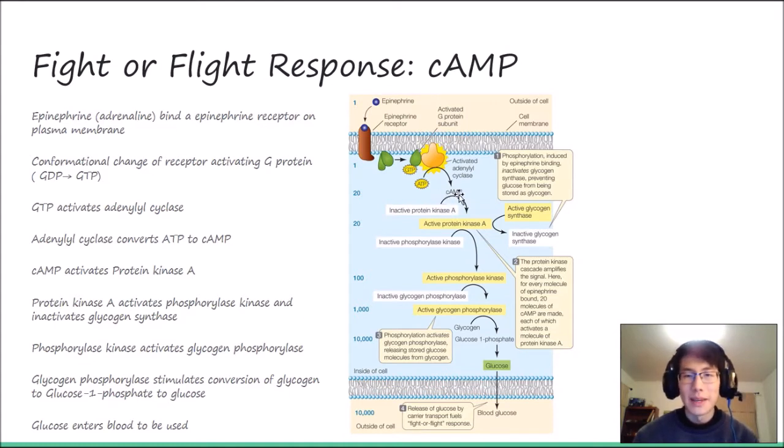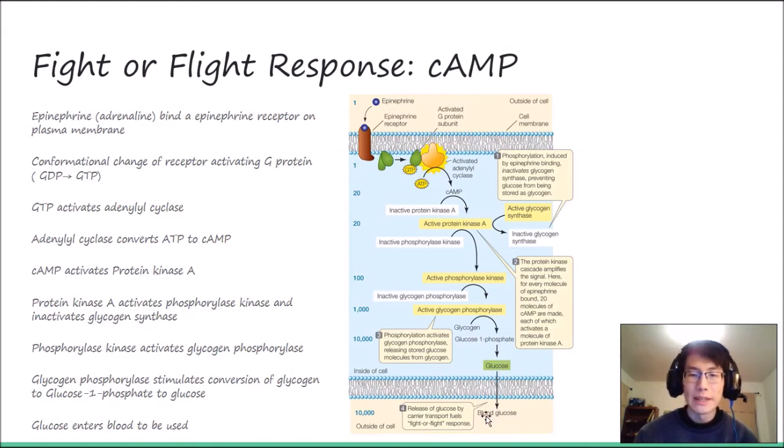The cyclic AMP then acts as a secondary messenger, goes further on in the cascade, and starts activating enzymes like protein kinase A. Once protein kinase A is activated, it starts activating enzymes like phosphorylase kinase. Activation of phosphorylase kinase causes the activation of glycogen phosphorylase, which converts glycogen into glucose 1-phosphate, which ultimately becomes glucose.